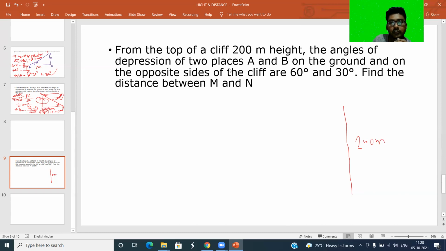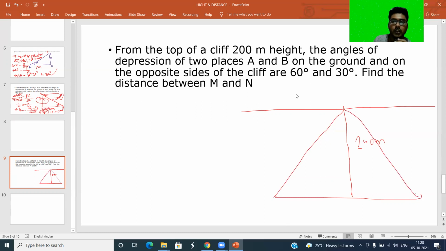The angle of depression of two places A and B. Top of a cliff, angle of depression. It is a horizontal line. Here is the angle of depression. It is 30 degrees. It is 60 degrees.